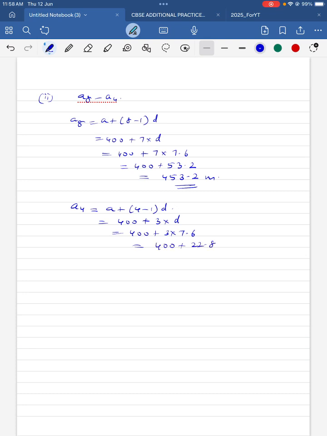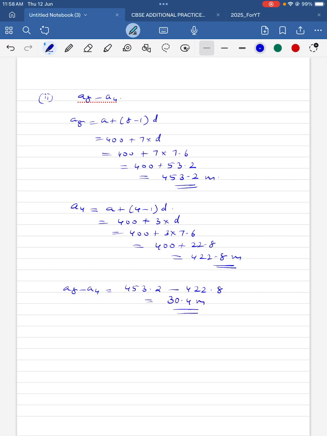So this will be 422.8 meters. Now, we have to find the value of A8 minus A4, which will be 453.2 minus 422.8, which will be equal to 30.4 meters.